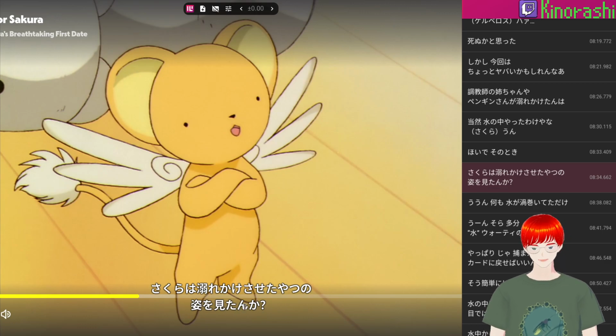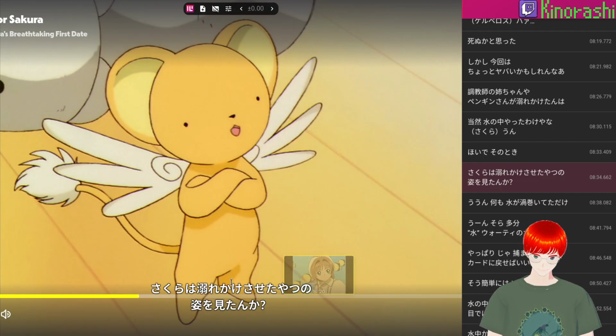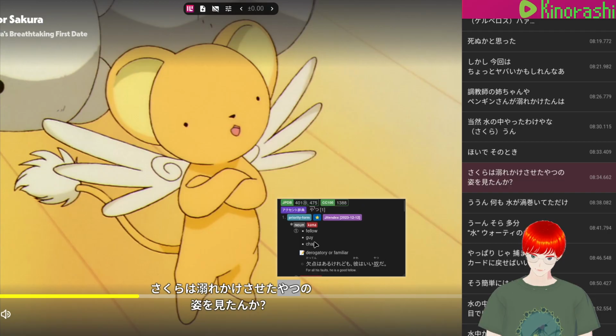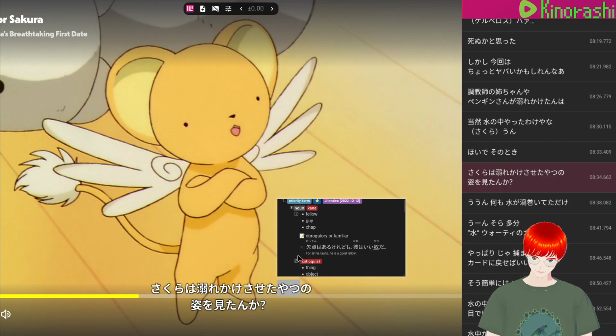Or like, as for Sakura, did you see the thing that caused the drowning? With yatsu being like thing, but it can also be a way of referring to people.